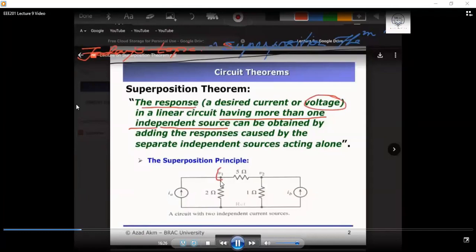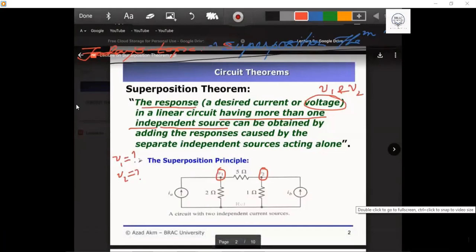That means we are going to find what V1 equals and what V2 equals from this circuit applying the superposition theorem. These are the responses. We can apply superposition because the circuit has more than one source, and it is a linear circuit because it is a resistive circuit.